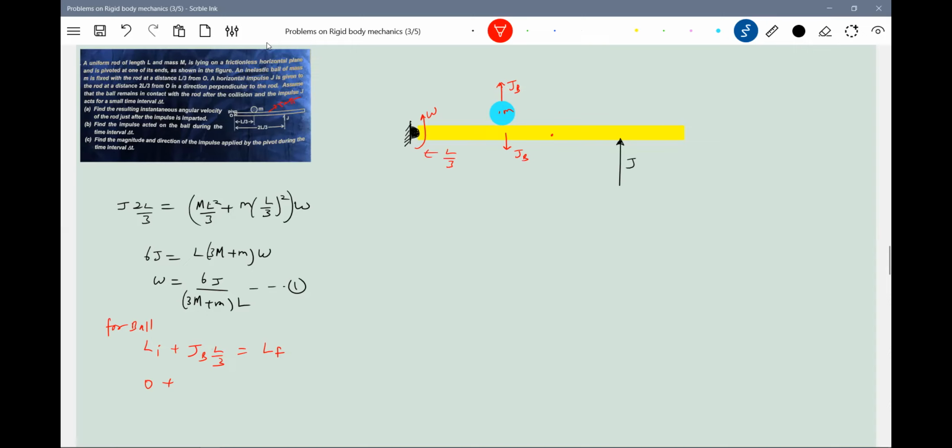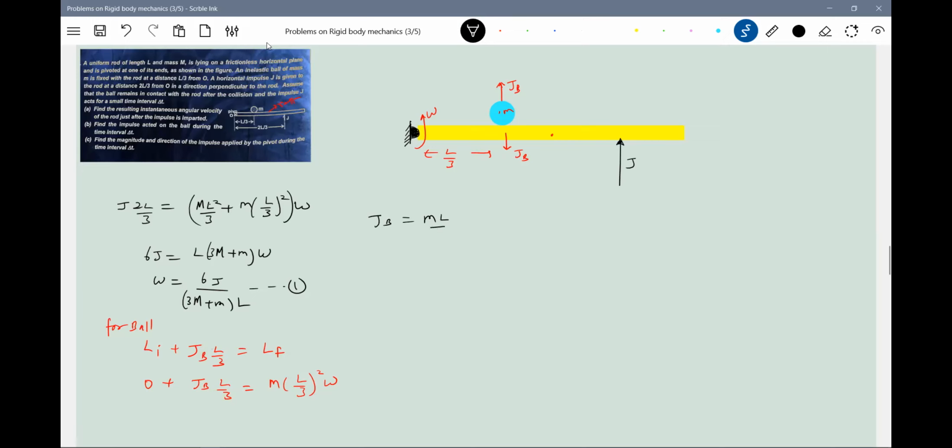This distance is L by 3. Okay, I think now this J times L by 3. What is the angular momentum? It should be equal to, again, M L by 3 whole square into omega. Do we know omega? Yes, we have. Then I'll get the impulse by the rod on the ball or by the ball on the rod. One L and one 3 get cancelled.